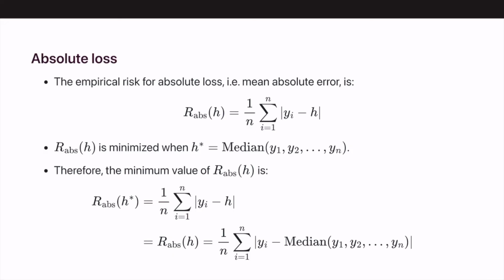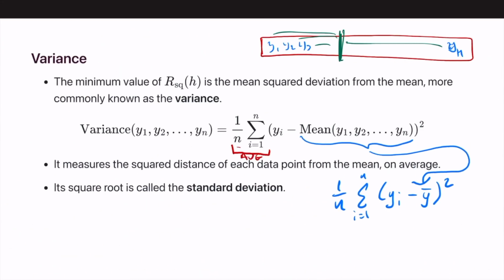Okay, and now let's also consider absolute loss. Actually, before that, one last thing that we might want to think about with variance is this idea of H star, right? If we plug H star into our function, so this would be R squared of H star, that's what gives us variance.